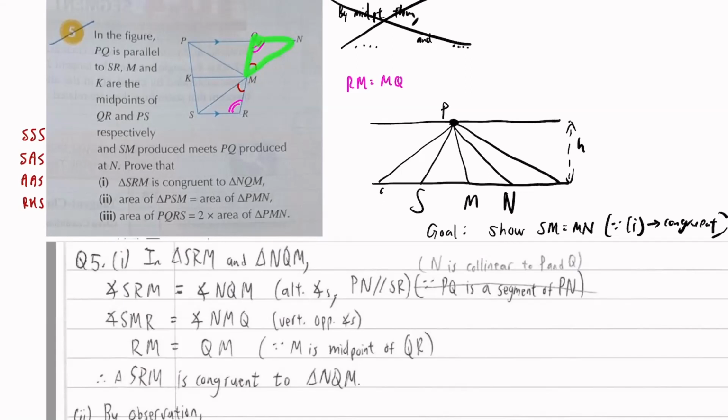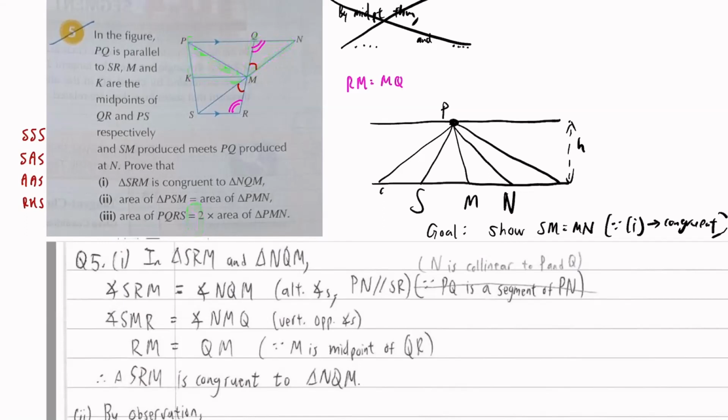PKM. Oh, they are congruent. Why? What's the reason? They have to be congruent.